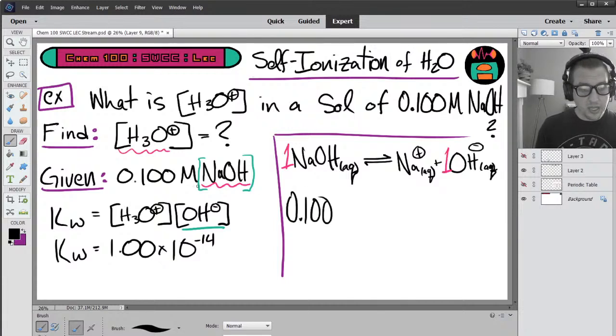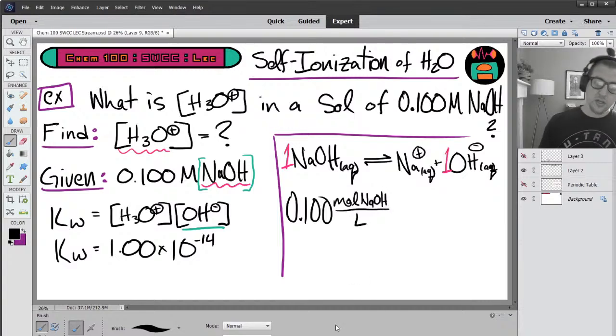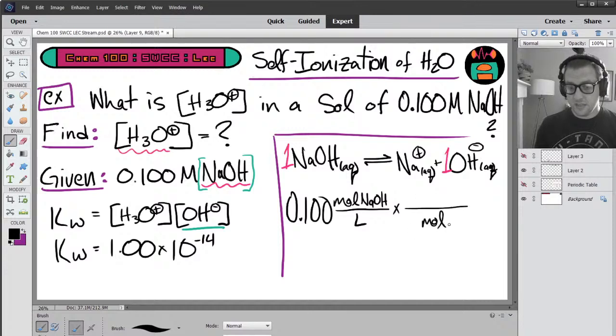If you split up molarity into its numerator and denominator, it's moles of sodium hydroxide in the numerator over liters. This balanced chemical equation gives us the conversion between moles of sodium hydroxide and moles of hydroxide.